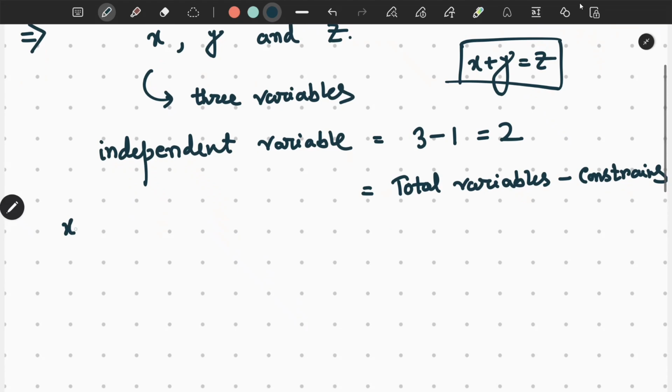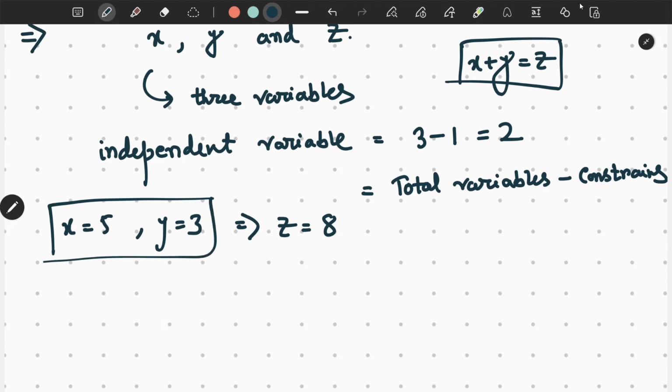Let's say you choose x equal to 5 and y equal to 3. Now you can't choose z, because due to that constraint z will automatically be 8. So essentially you have two independent variables. This is the degrees of freedom, that means how many degrees of freedom you have. You have two here.